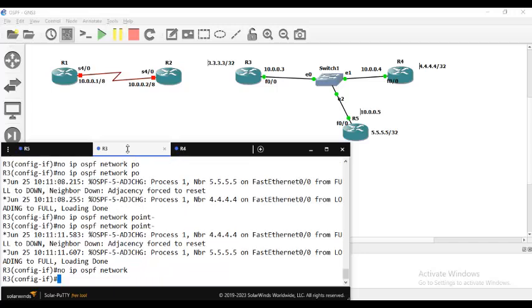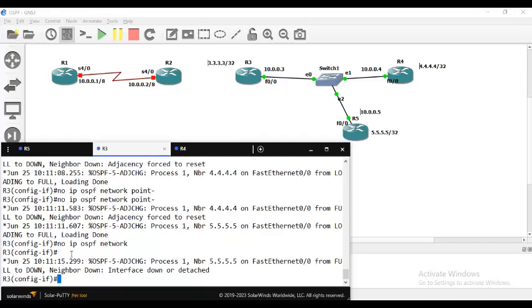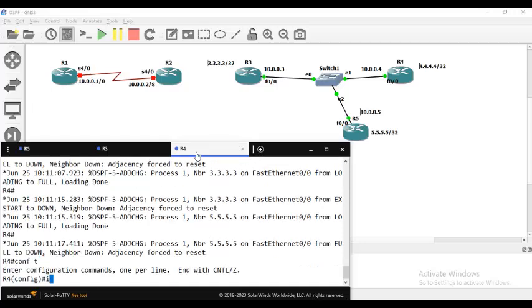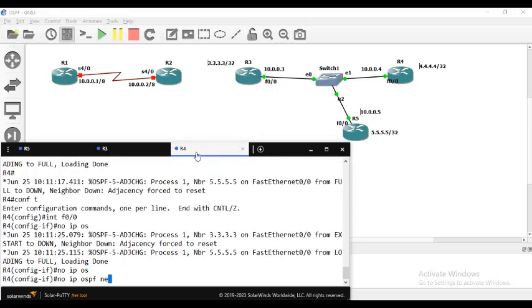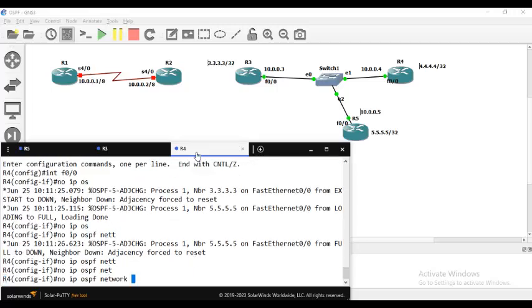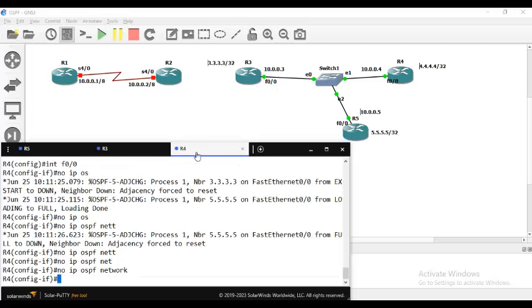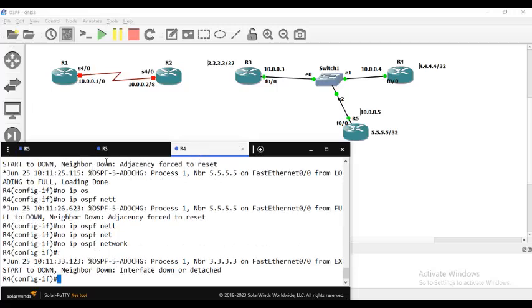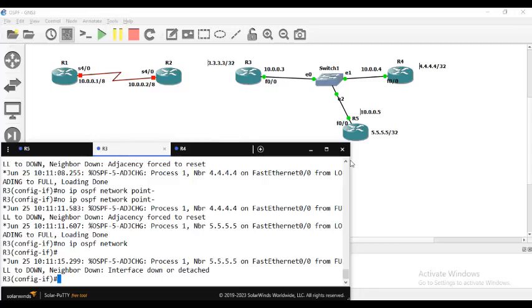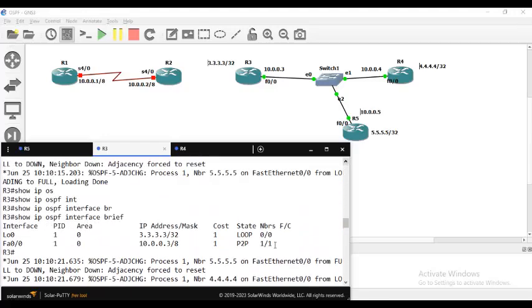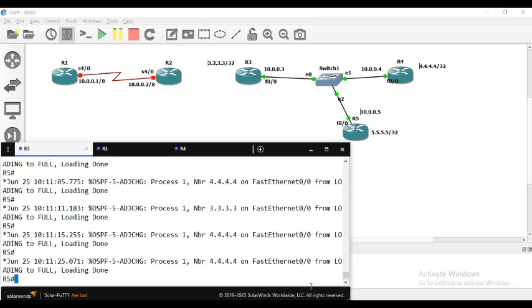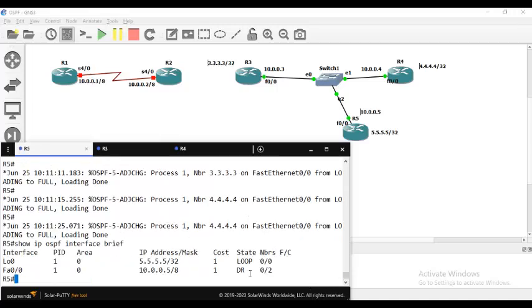Also, I'll do the same on router 4. So how do I know the problem? I just noticed this P2P under the interface when I typed show IP OSPF interface brief. On R5, when I checked the same command, it was not P2P. All right, so now it won't flap anymore.